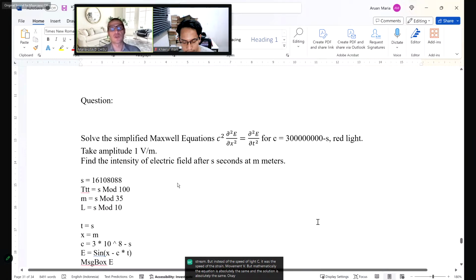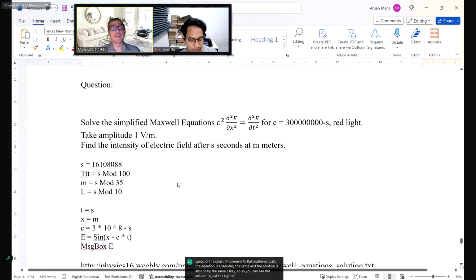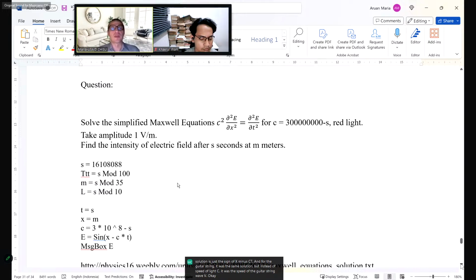The solution is just the sine of x minus ct, and for the guitar string, it was the same solution, but instead of the speed of light c, it was the speed of the guitar string wave v. And it's a hyperbolic type of differential equation, the same mathematically as for the guitar string.